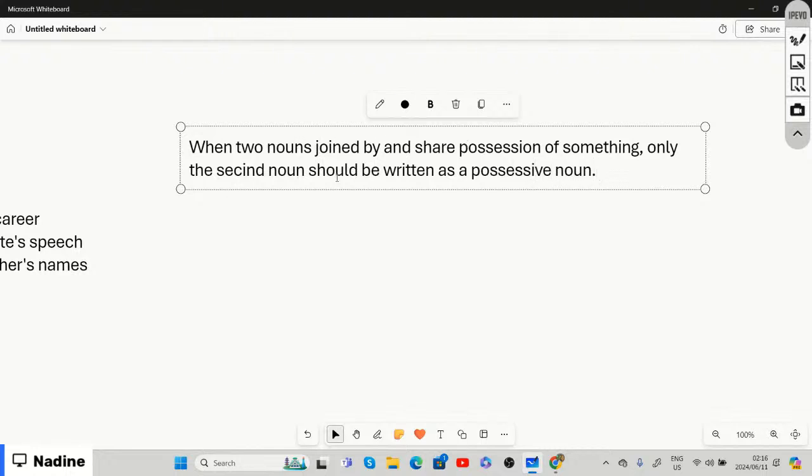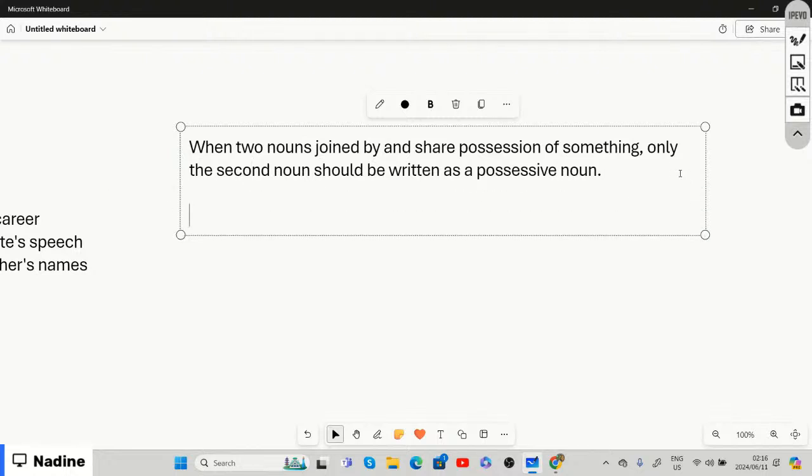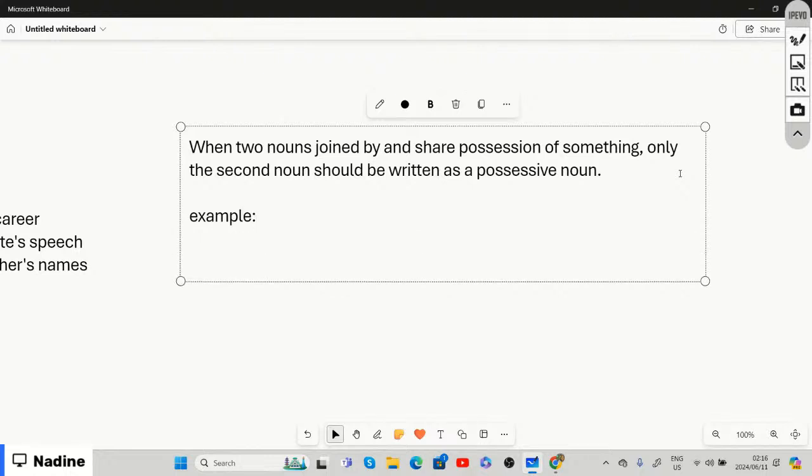All right, so here they say, when two nouns are joined by the word and, and they share possession of something, then only the second noun should be written as a possessive noun. If we look at an example of that, we can use two people.